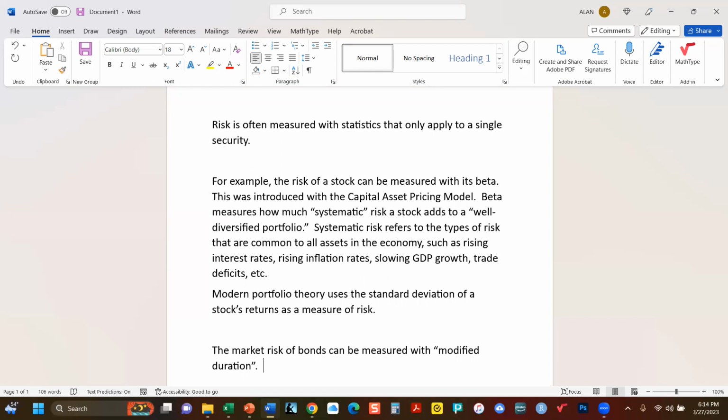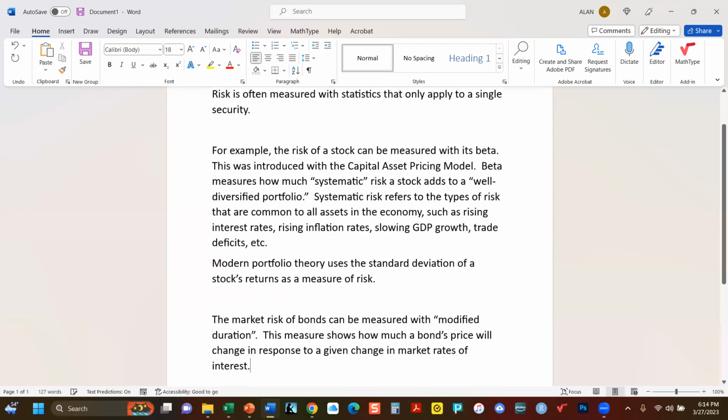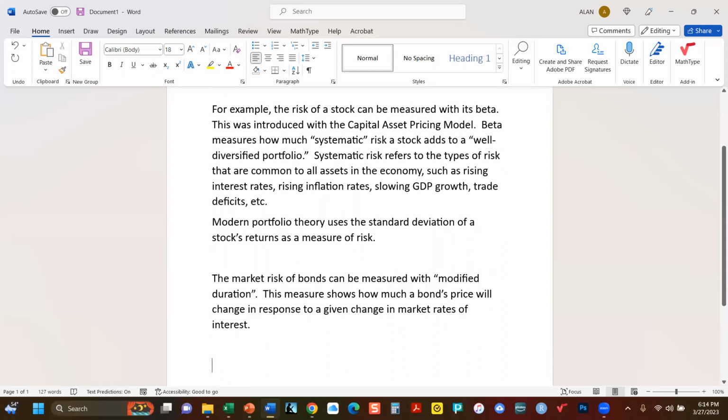If you haven't been introduced to that, it's not that important, but modified duration essentially tells us how much a bond's price will change in response to a given change in market rates of interest. So basically, it's a sensitivity measure. If interest rates go up by 1%, what's going to happen to the price of my bond? That's what modified duration tells us.